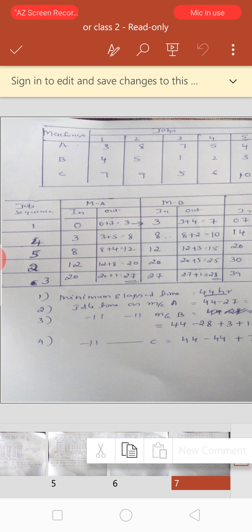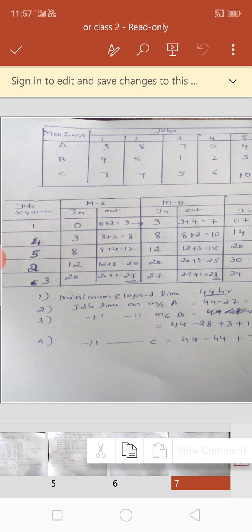Now see here, the next second job which is going to be processed on machine B is the fourth job. See here, the first job is already completed in machine B after the 7th hour. I cannot write the 7th hour as the in time for the fourth job, because in the 7th hour it is still processing on machine A. I cannot write 7 for the starting period.